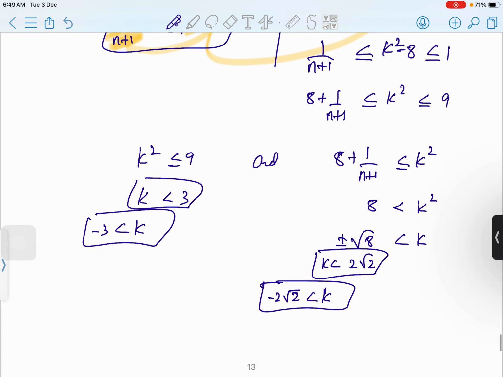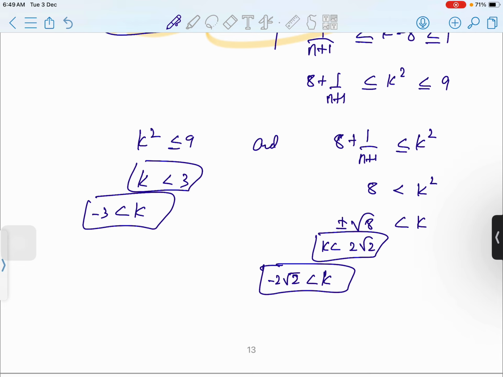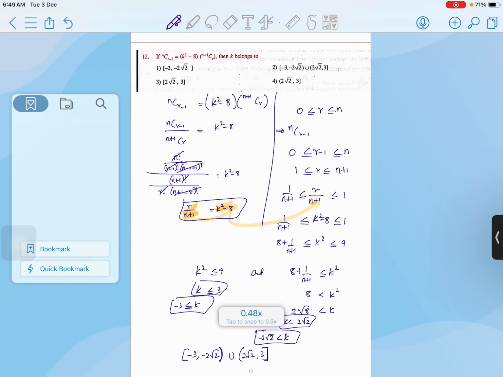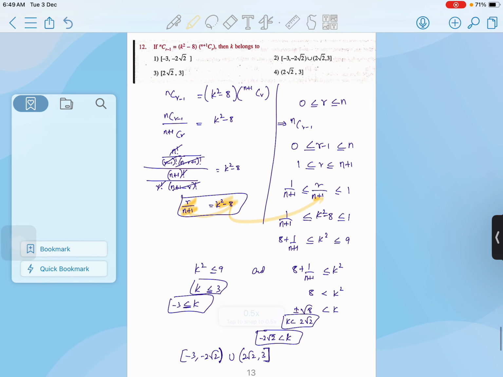So when you combine all these cases, you will get: from minus 3 to minus 2 root 2, union, for 2 root 2 there is no equality, so the common interval union 2 root 2 to 3. Okay, so it's option 2. Okay, thank you.